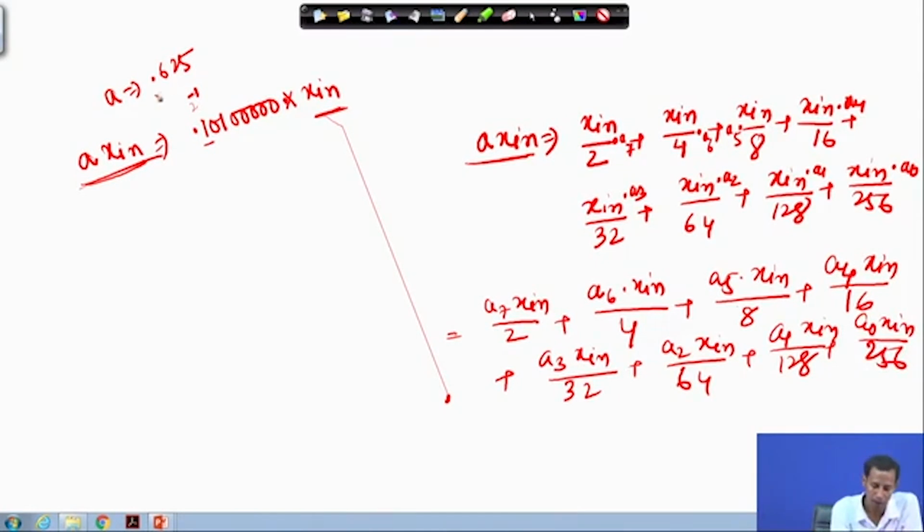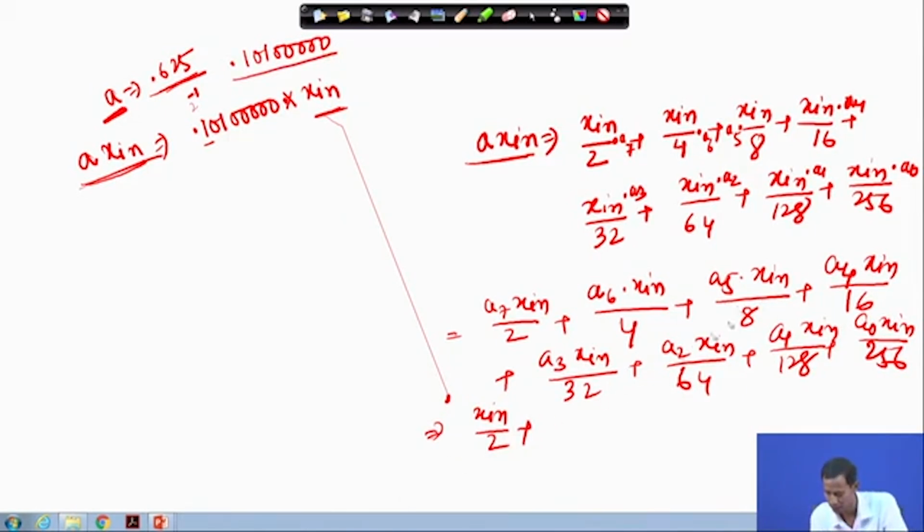Now, if I have to multiply with 0.625, if this corresponding A value is 0.625, only these terms will come. So, it will be x in by 2 plus 0, because the value is 101 and the rest are all 0.